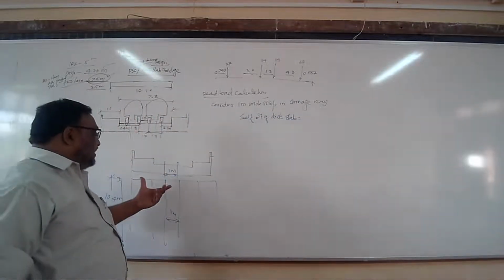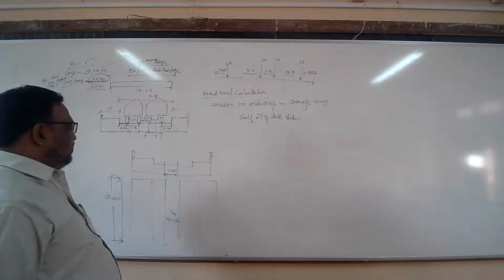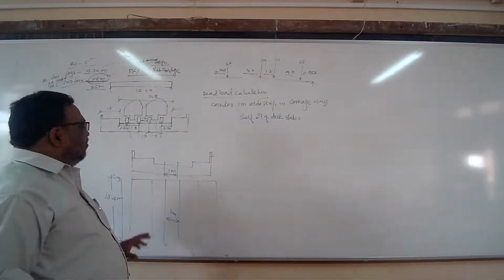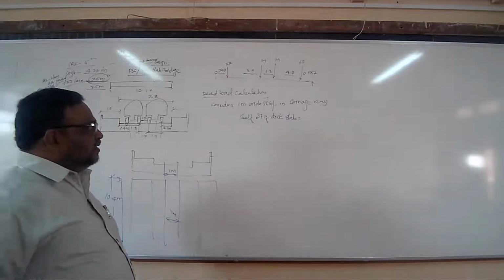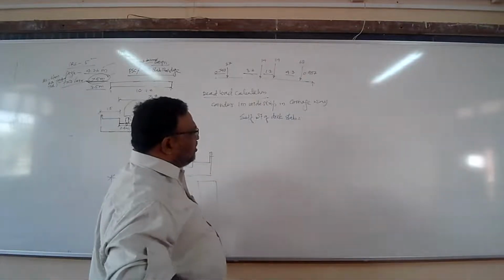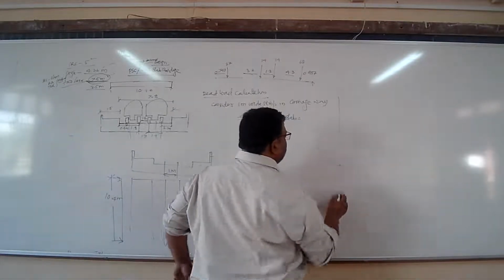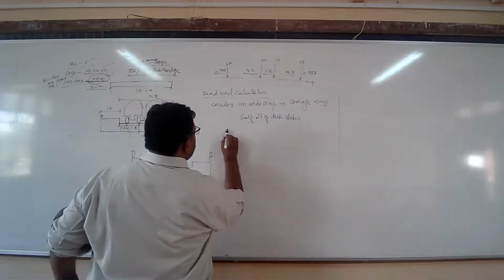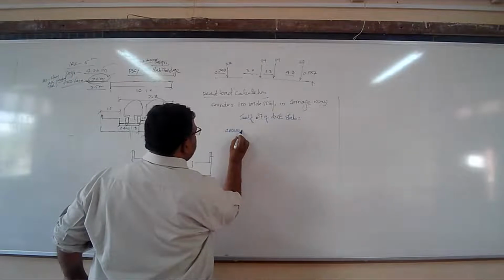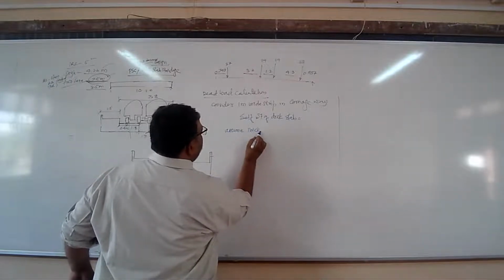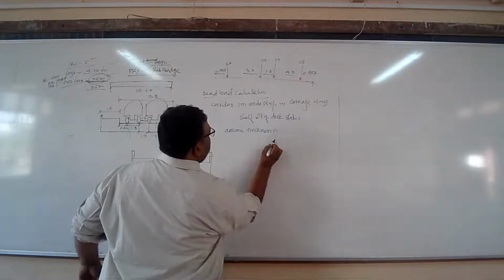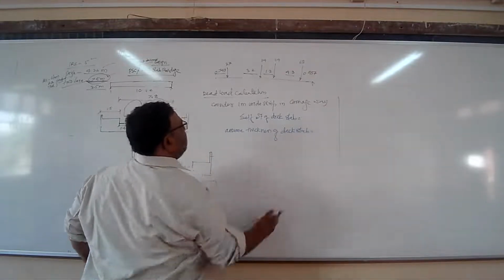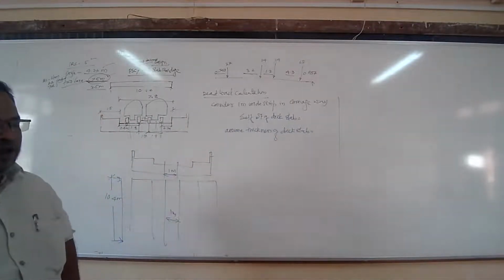That is the intensity of weight, or the unit weight of the precast concrete, multiplied by the thickness. Now how much thickness do you want to consider? How will you assume the thickness of deck slab? Tell me. How much will you consider? What shall be the thickness of deck slab?